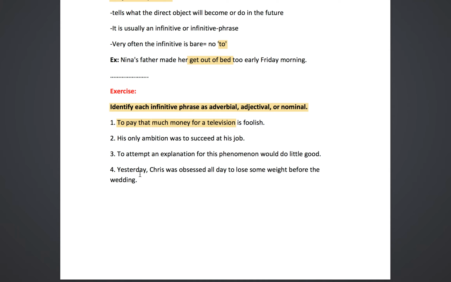If it's a subject complement, we have a linking verb. For an object complement, we would have to have a transitive verb, another direct object, and then the object complement. But here we have a linking verb and after that "to succeed at his job", which is completing the meaning of the subject, and it's also nominal.